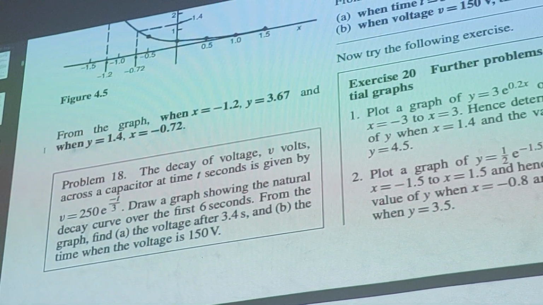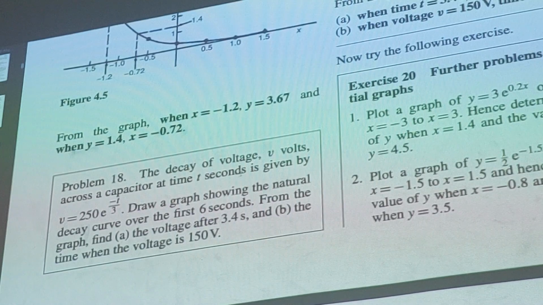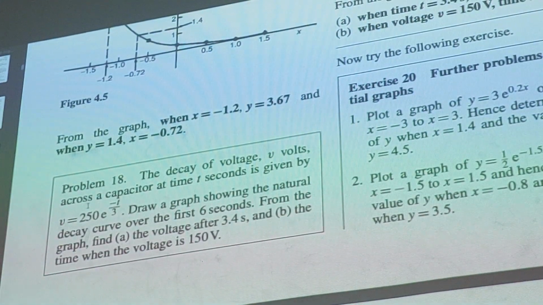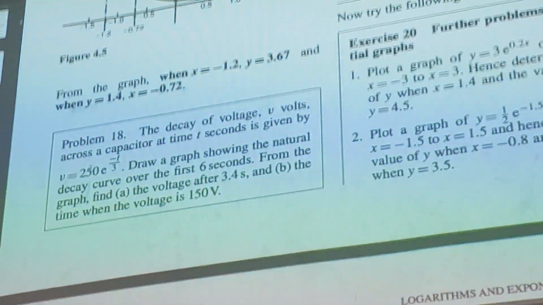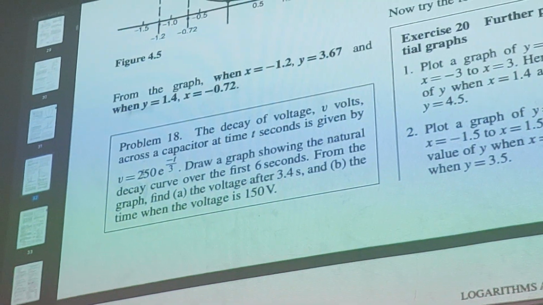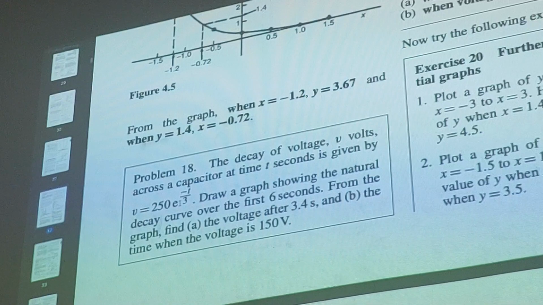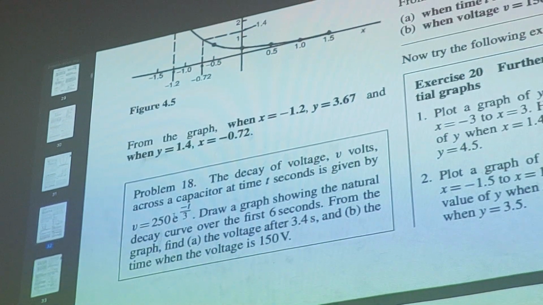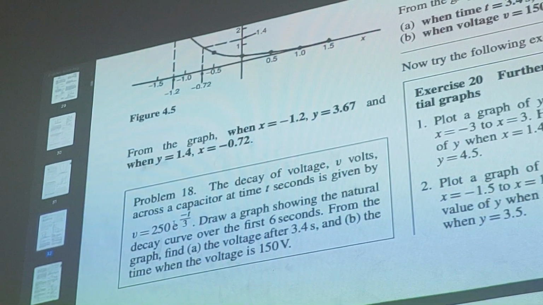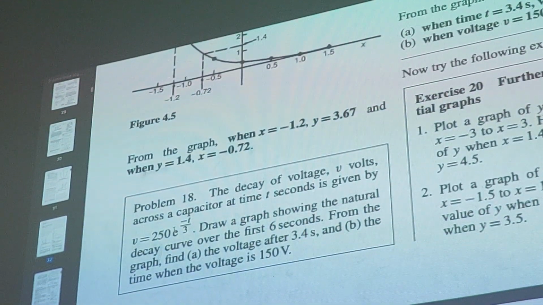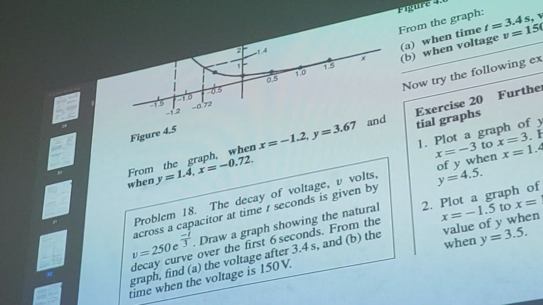The voltage V volts across the capacitor at time t seconds is given by the equation V equals 250 multiplied by e to the power of minus t over 3.